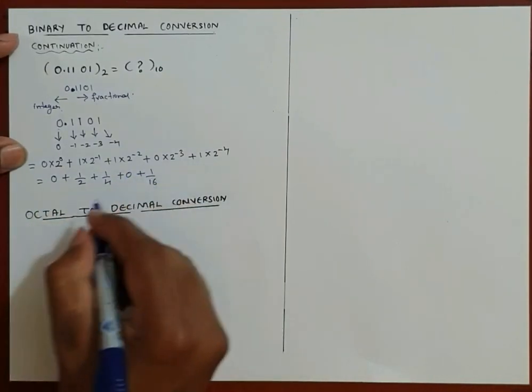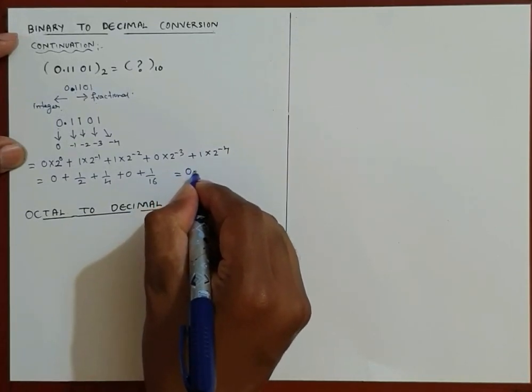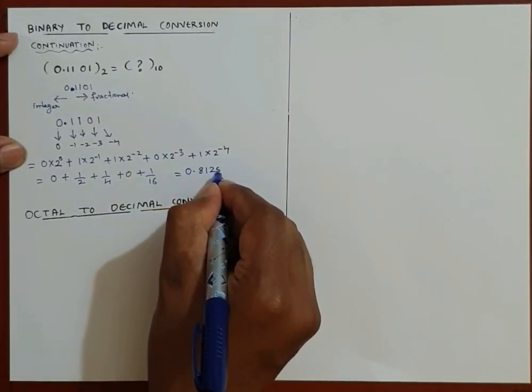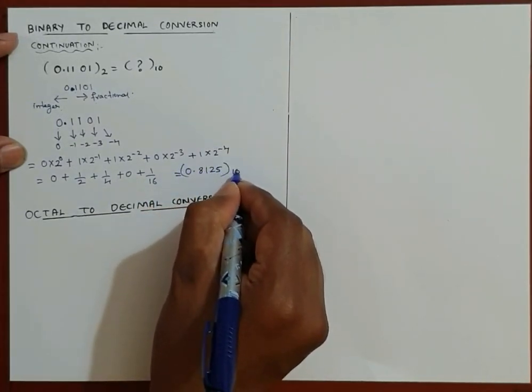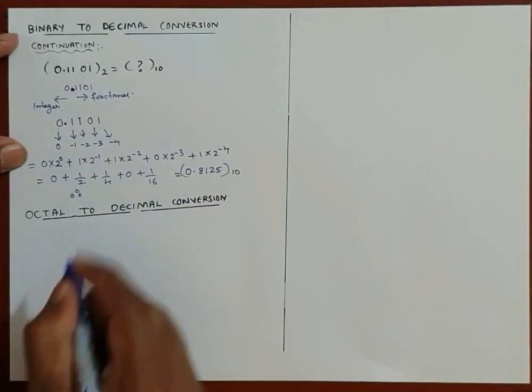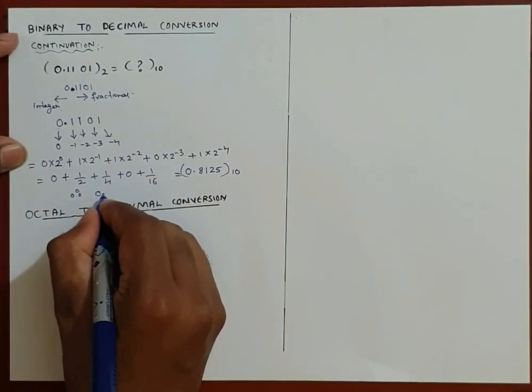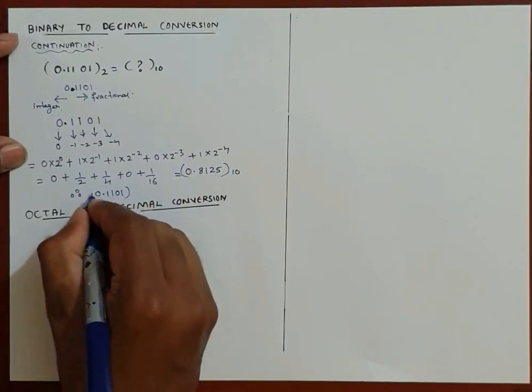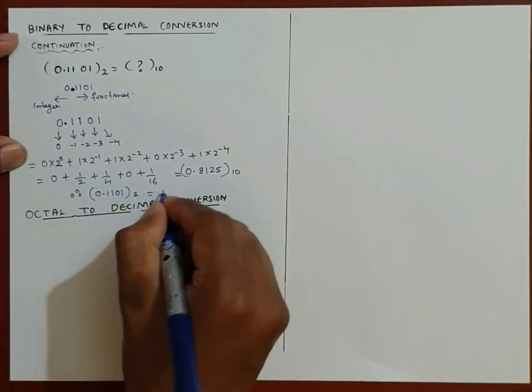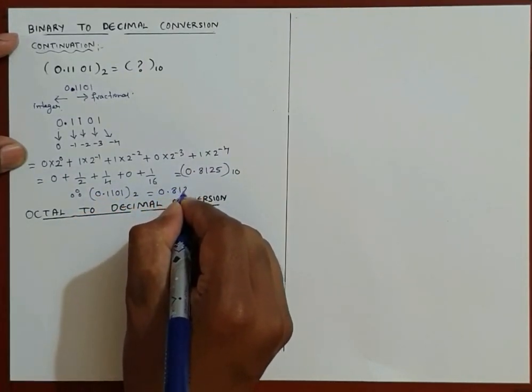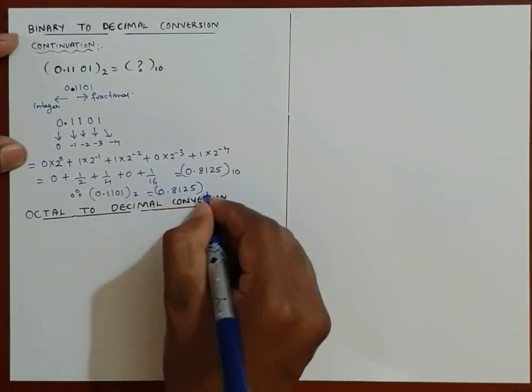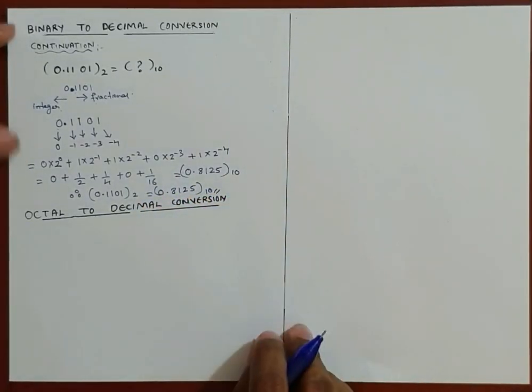If I add all these values, the result will be 0.8125 to the base of 10. Therefore 0.1101 to the base of 2 will be equal to 0.8125 to the base of 10.